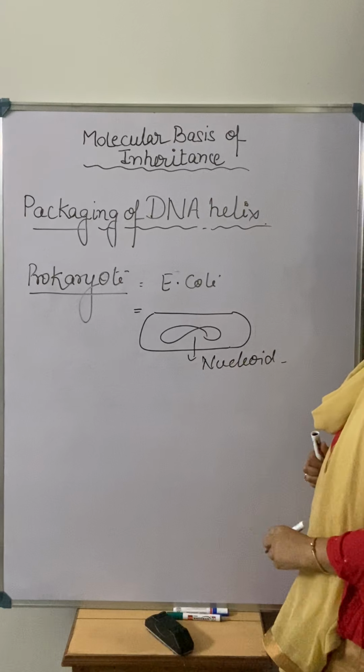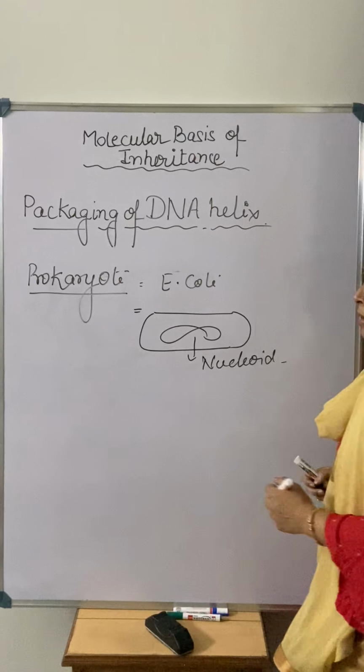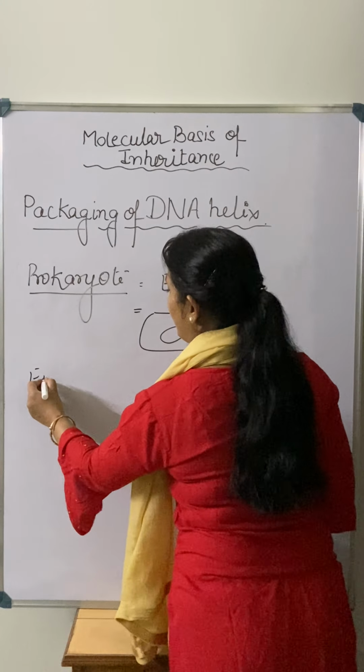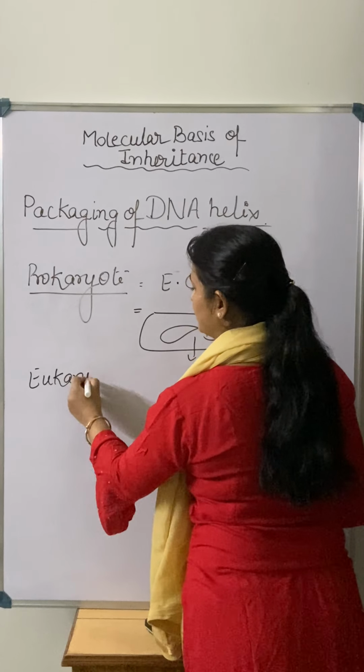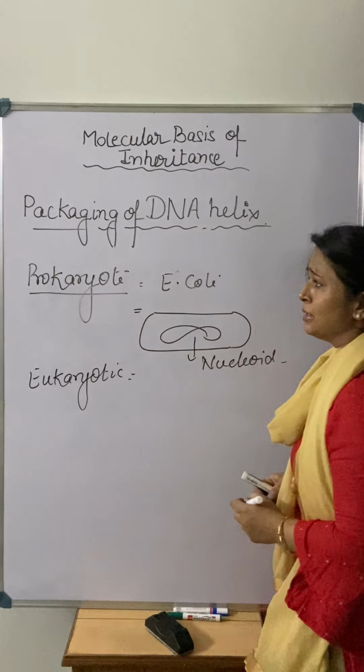So this is a simple packaging, because there is no complexity in the prokaryotic cell. But when we talk about the eukaryotic cell or eukaryotic organism, in that case, what is that?